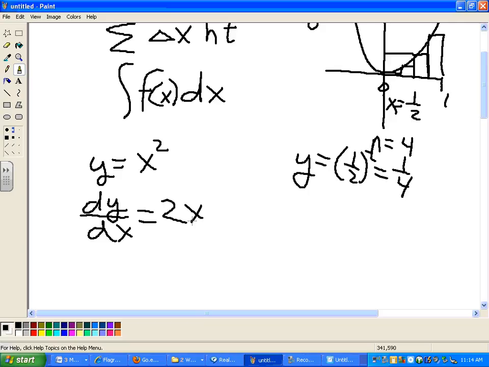He's the anti-derivative. He's the inverse derivative. And this guy right here is going to undo a derivative. So the way you undo a derivative is you take the integral. If I use the word antiderivative or integral, they all mean the same thing.